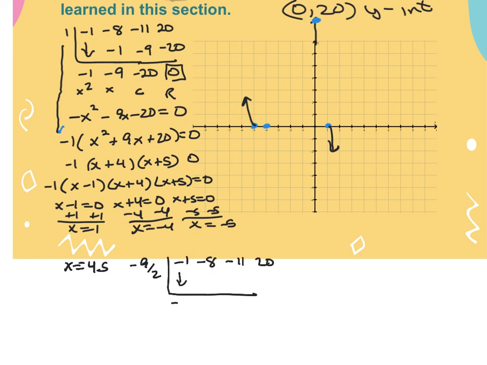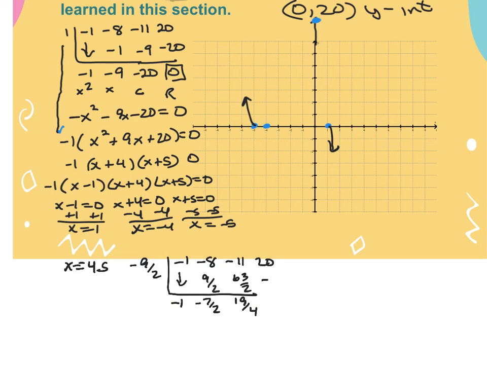Bring down. -9/2 times -1 is going to give me positive 9 over 2. And then I'll subtract and get negative 7 over 2. Multiply, 63 over 2. Add negative 11 plus 63 over 2 is 9 over 4.